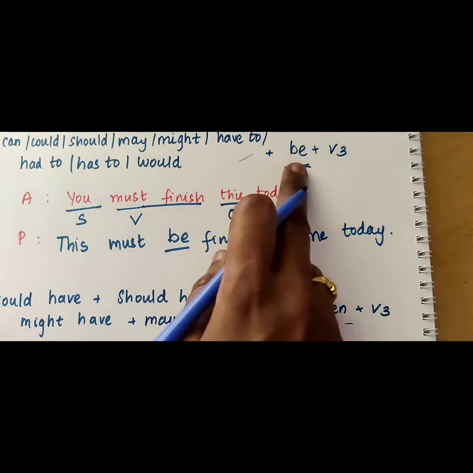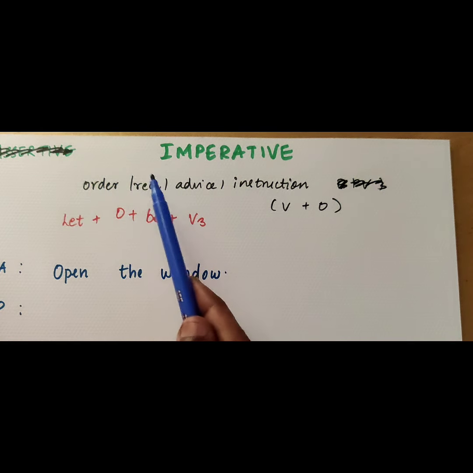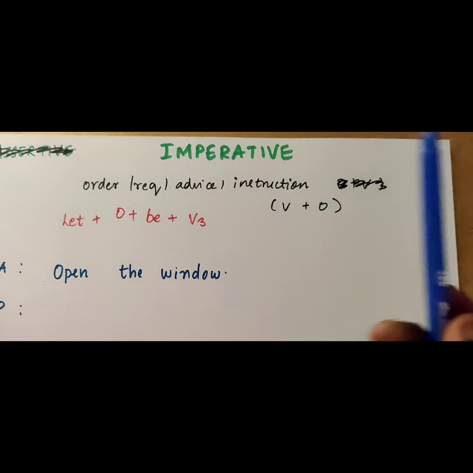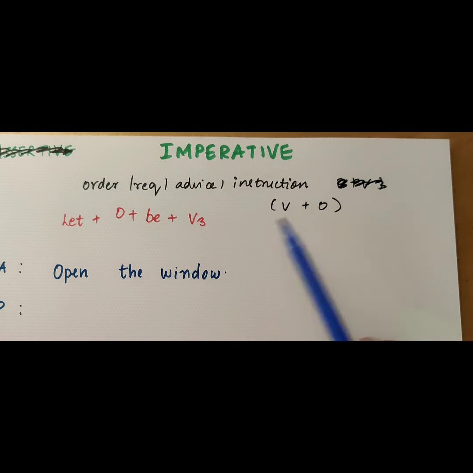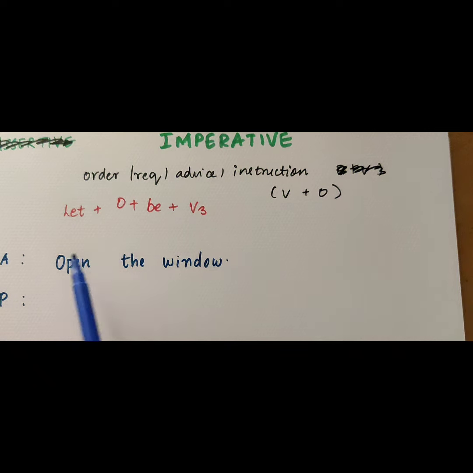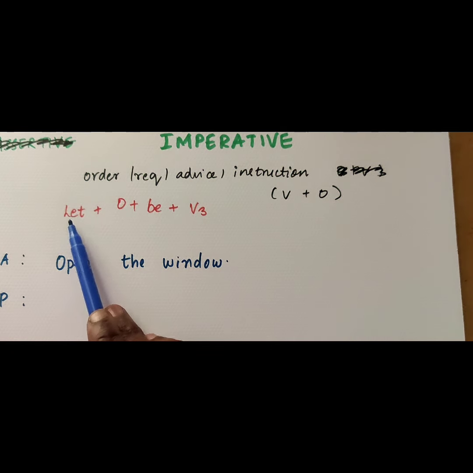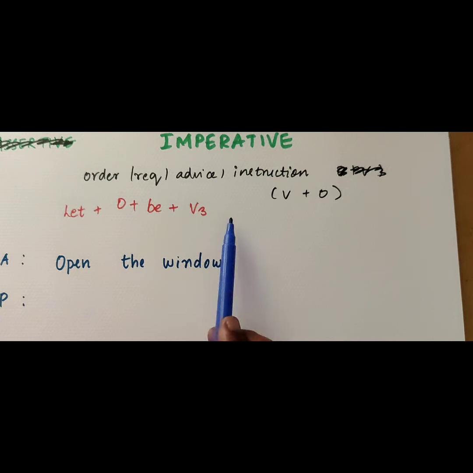Next format is imperative. What is imperative? Imperatives are sentences that give an order or request or advice or instruction. They will be in the format verb plus object. Example: open the window. See, here only the verb and object are there. There is no subject. In such sentences the format is let plus object plus be plus verb 3.